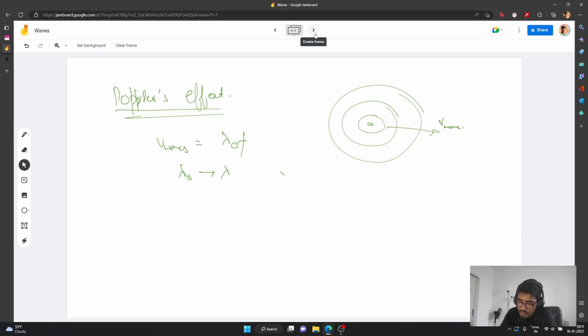And we know that the frequency f naught will also change to some new frequency because of this motion. So we say that the new velocity will be given by v wave minus v source. If it's moving towards this guy, then this will be the new speed. V wave, you added a v source to it.